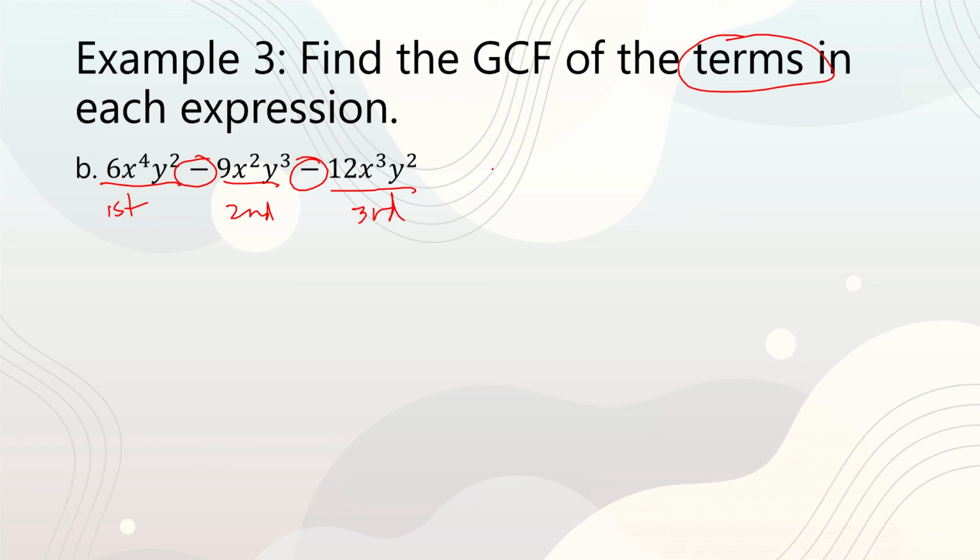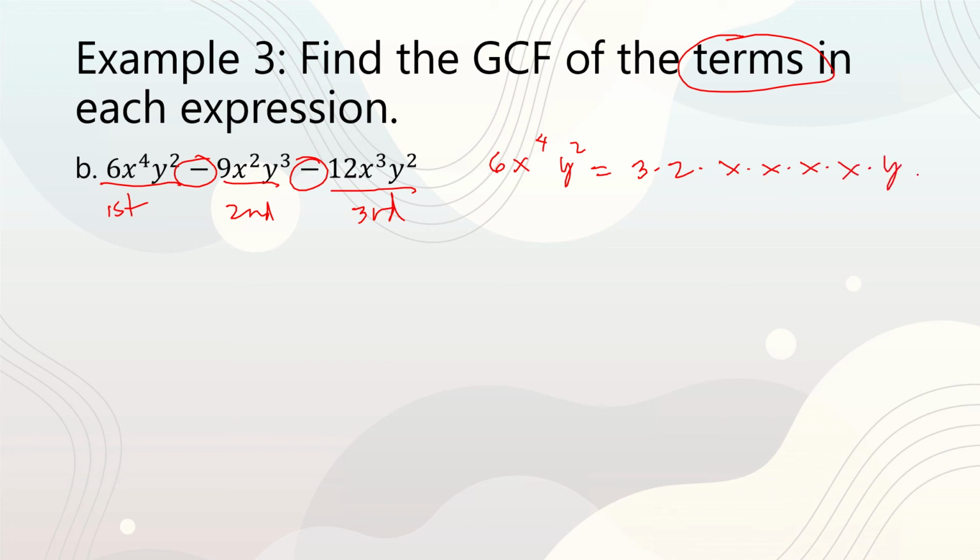So what we will do now is to find the factors, right? Factorization. Let's start with 6x to the power 4 y squared. So 6 is 3 times 2. X to the power 4 is x times x times x times x.